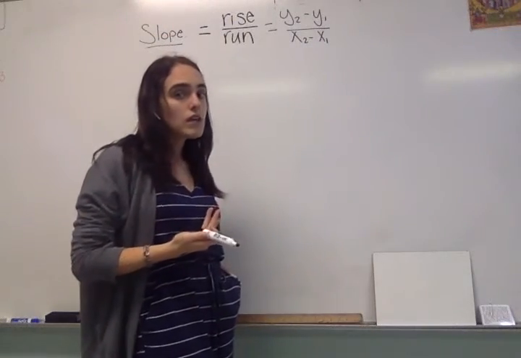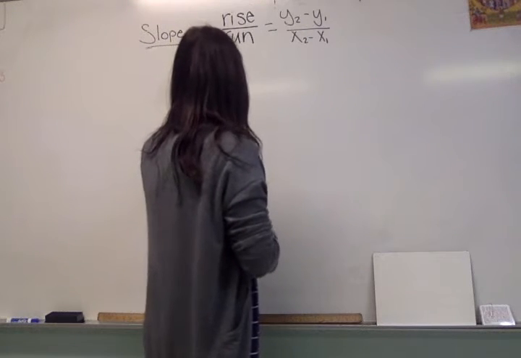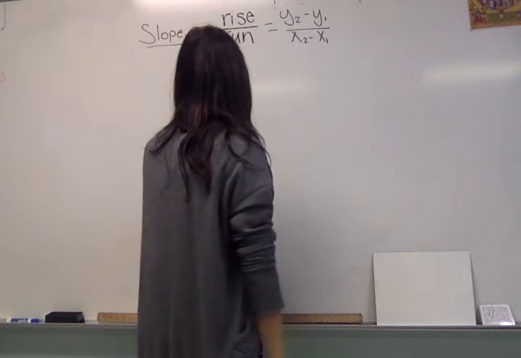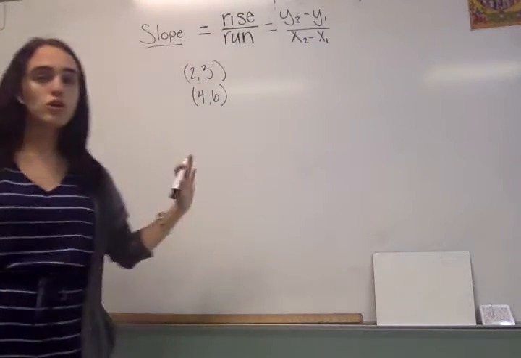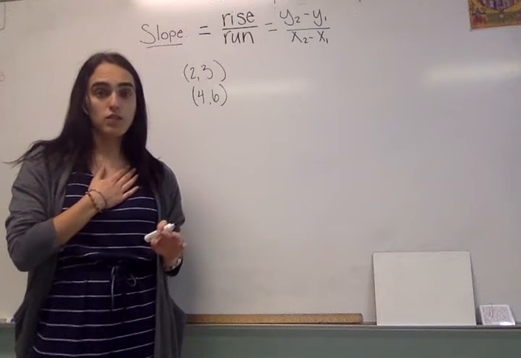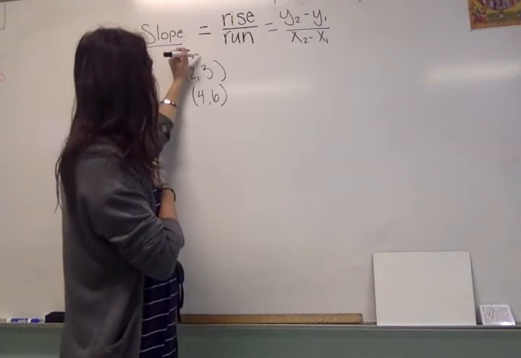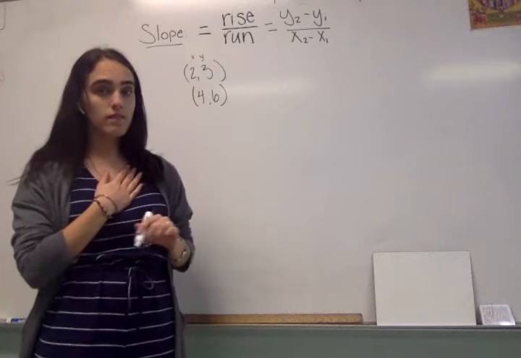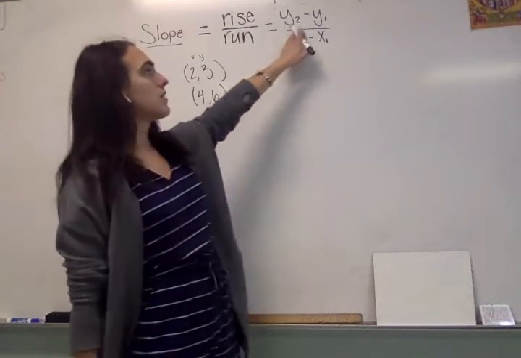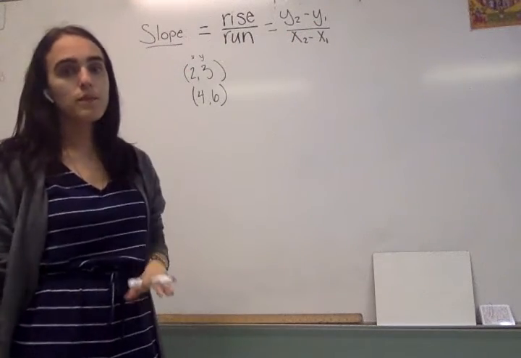So if I was given a graph and I was given the coordinates 2, 3, and 4, 6. These are two points on a graph that I have, and I was asked to find the slope. First, remember x and y, right? So slope is found by taking y2 minus y1 over x2 minus x1.